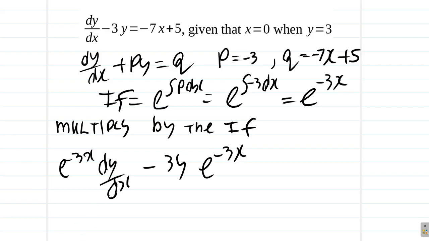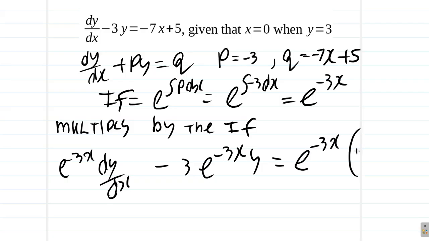In fact, let me write it like this. Equals e to the negative 3x times negative 7x plus 5. Okay, so we have that.